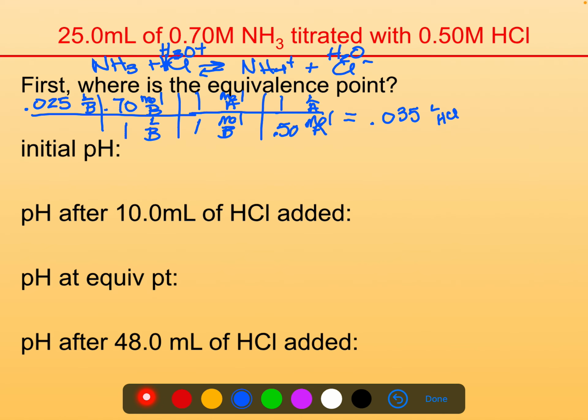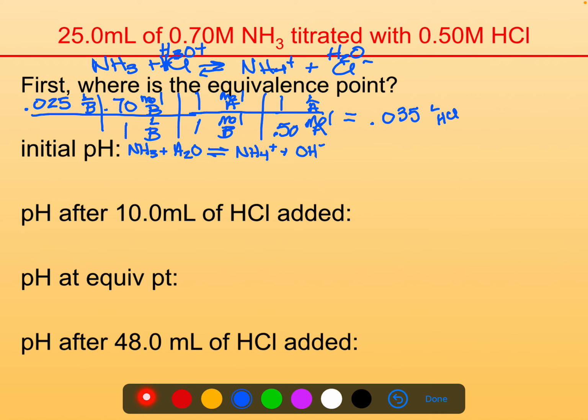All right, for our initial pH, remember, since ammonia is a weak base, we do need to do an ice table. So we have ammonia in water, and that will react to produce ammonium and hydroxide ions is what we would have left over.